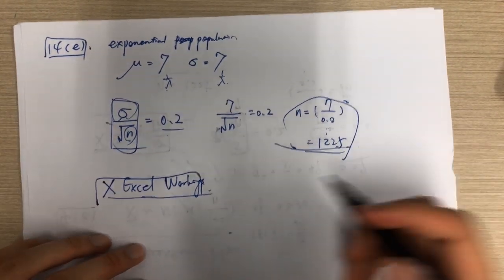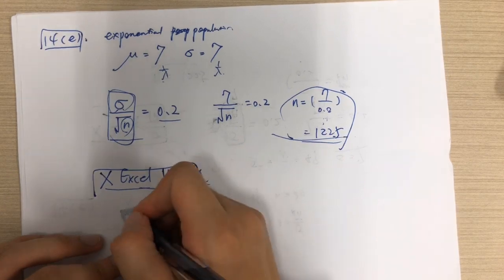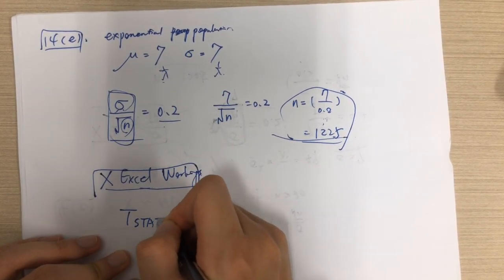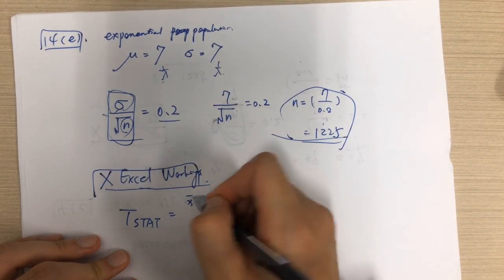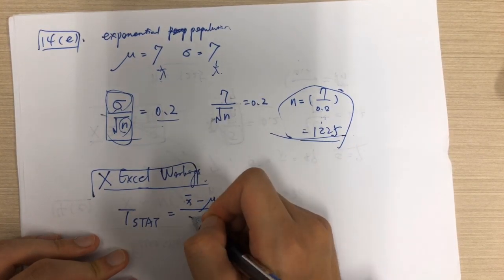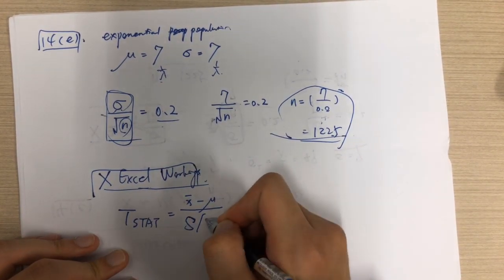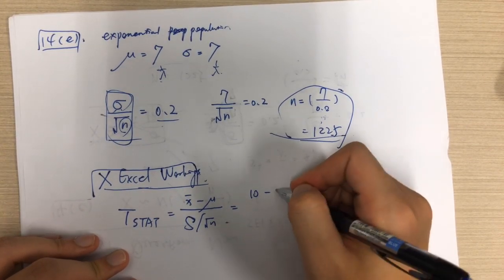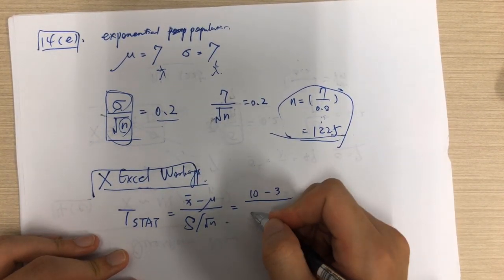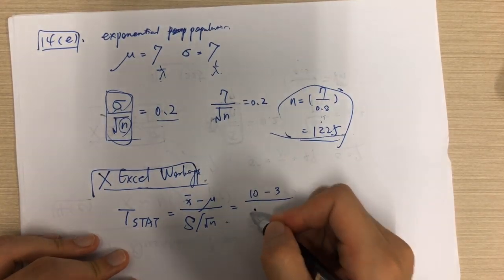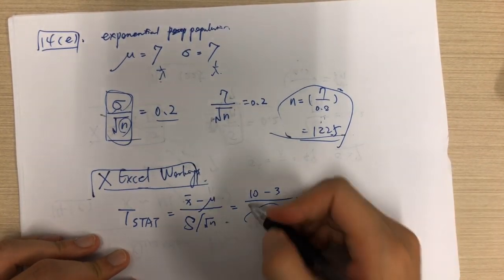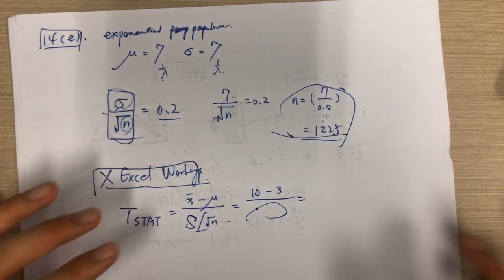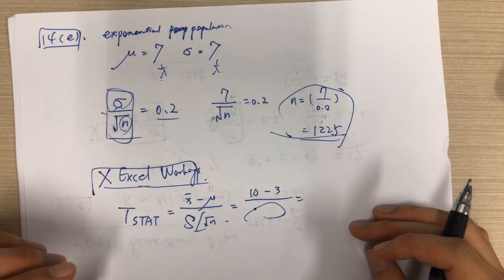So for example, in a t-test, you need to calculate the t-stat. You first put x bar minus mu divided by s divided by square root of n, and then you plug in the numbers, 10 minus 3 divided by whatever, right? That is the calculation and the process you need to write down in the question.